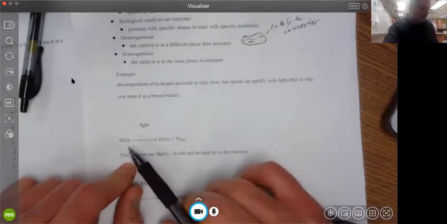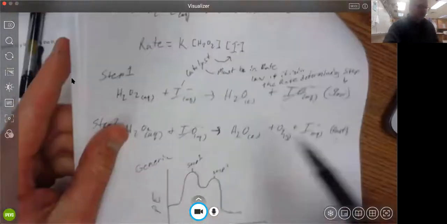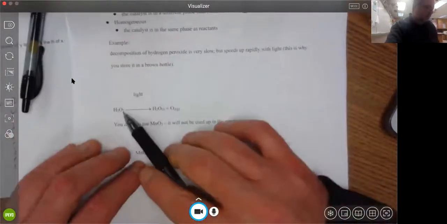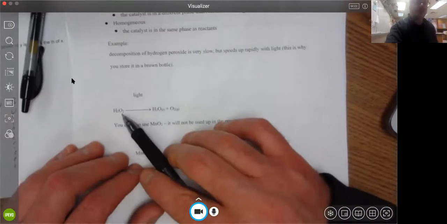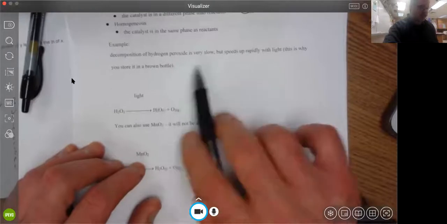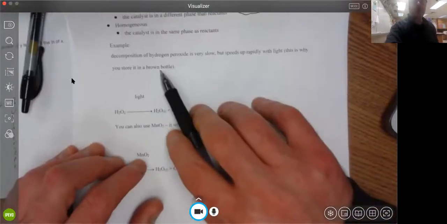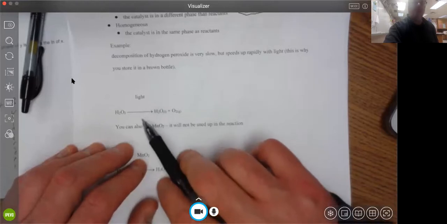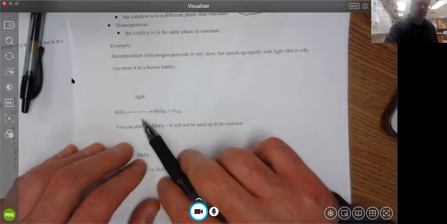Now this reaction here, this is an iodide. That's one way to catalyze the decomposition of hydrogen peroxide. You can also use light. As it says, this is why we store peroxide in a brown bottle. Also why a lot of orange juice and stuff like that are stored in darker bottles.